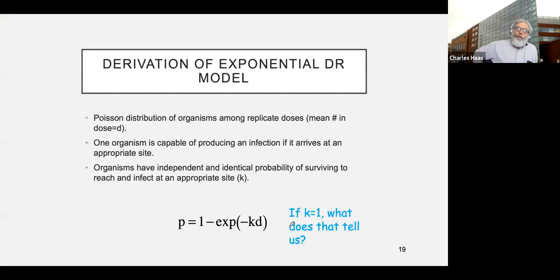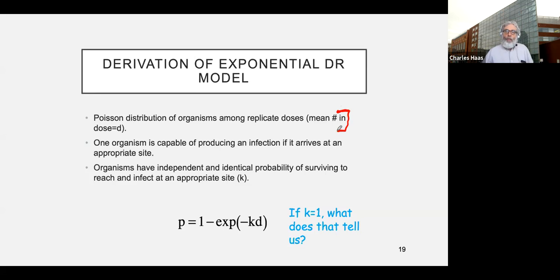So the simplest model that we can derive, and I in fact derived this back in the early 80s, is if we have the random distribution of particles being described by a Poisson distribution among different doses.